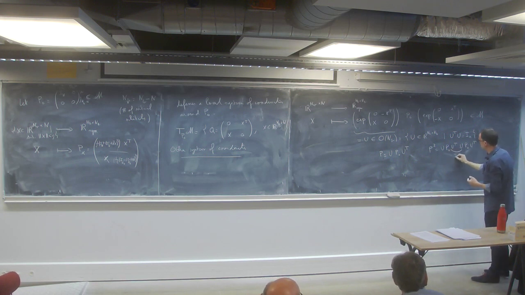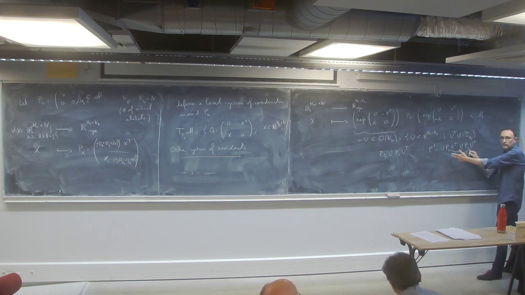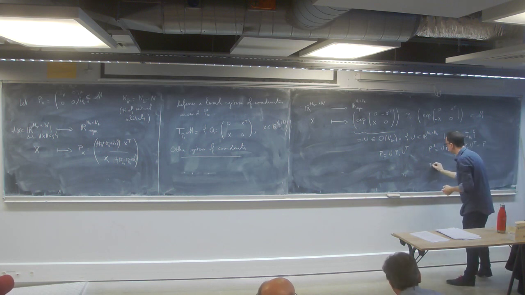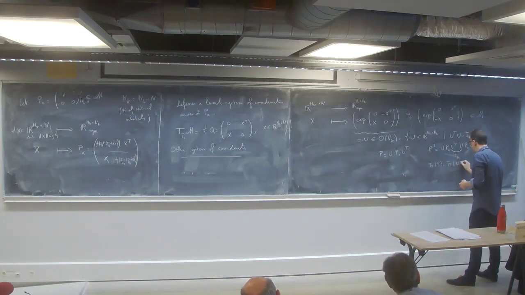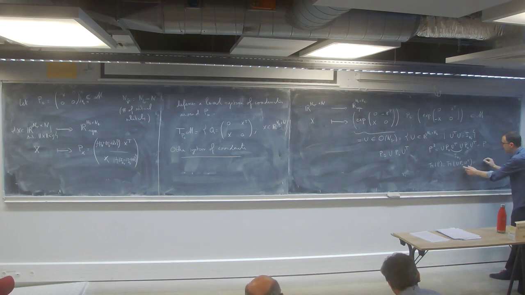This is identity, so P square equals P naught square equals P naught, and so this is P. And the trace of P is the trace of U P naught U transpose, but you have the cyclicity of the trace, so this is the identity, and the trace of P naught is N.